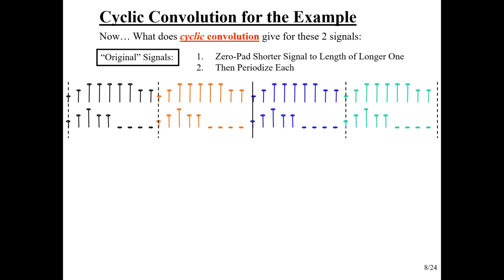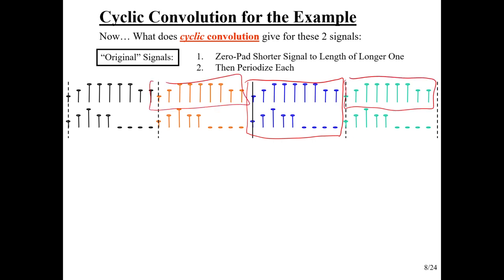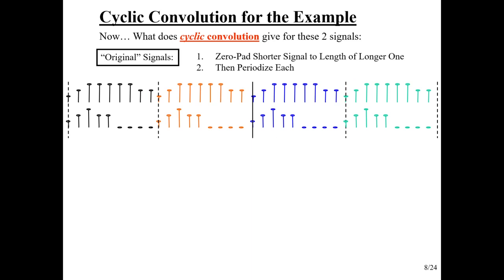But I'm going to do it this way because this makes it a little clearer how it's linked to linear convolution. So I periodize each, where the period is now the length that we've zero padded the shorter one out to the length of the longer one. So here's the next period, and here's the previous period, and so on. And I've color coded these just to make it easy. So that's the first two steps for circular convolution.